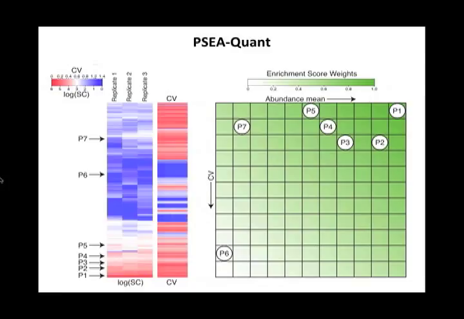In these strategies, the user will have, for each of the proteins in the data set, an abundance ratio between two conditions.